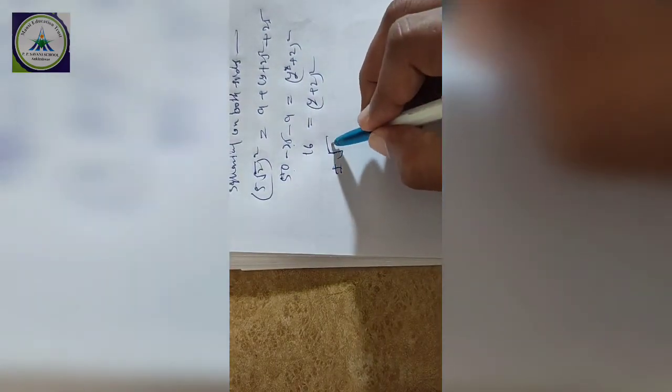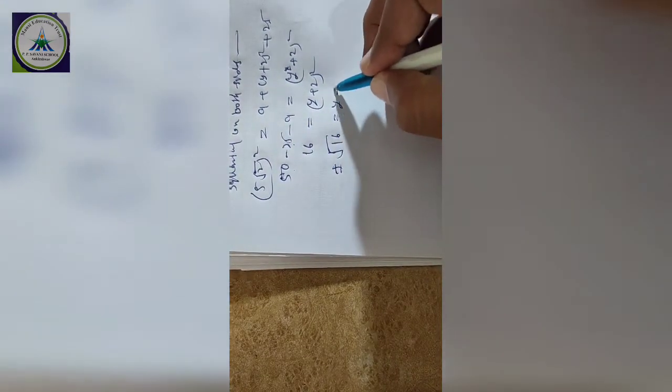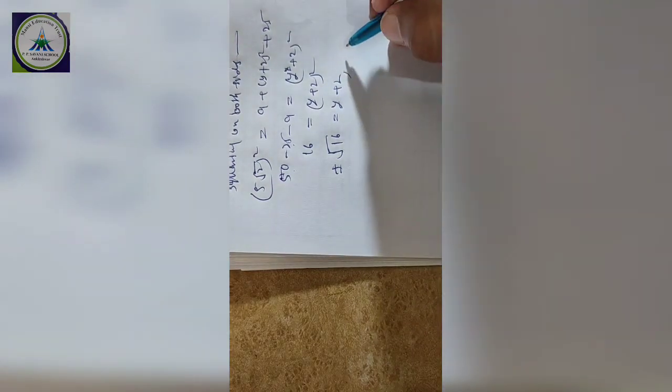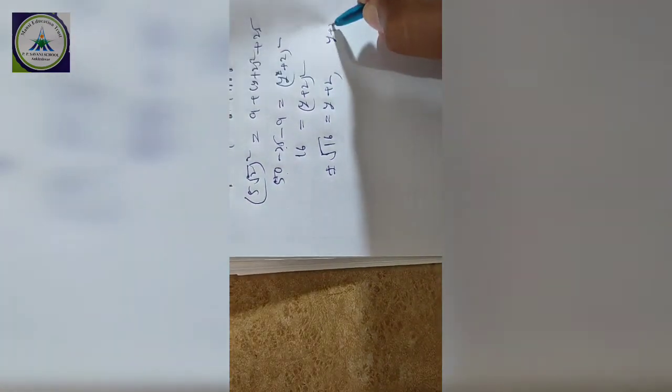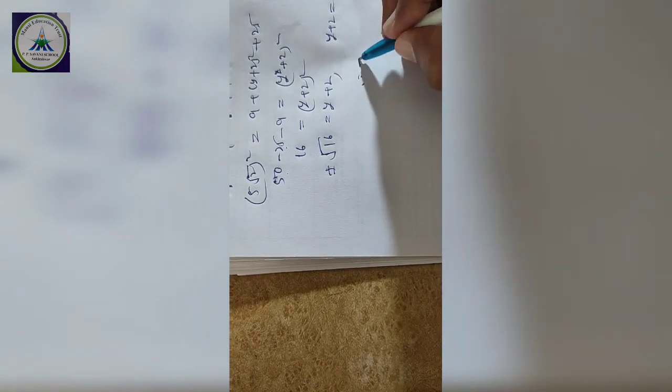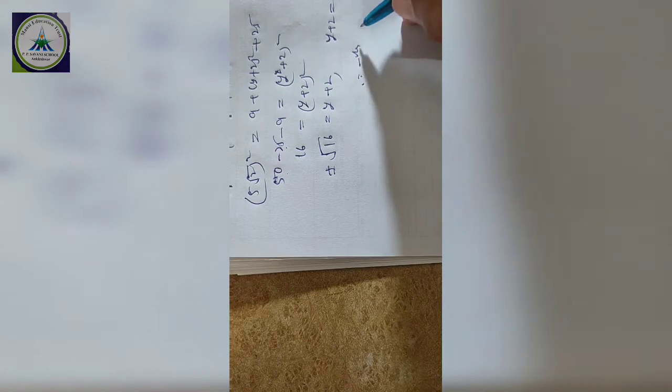Under root, plus minus 4: y plus 2 equals plus minus 4. Taking the negative value, y plus 2 equals minus 4, so y equals minus 6. Taking the positive value, y plus 2 equals 4, then y equals 2.